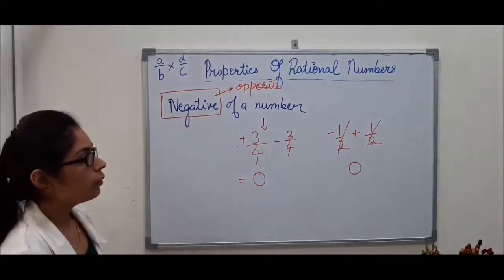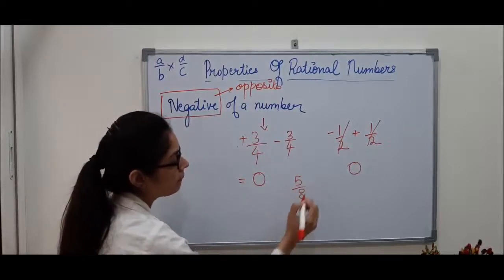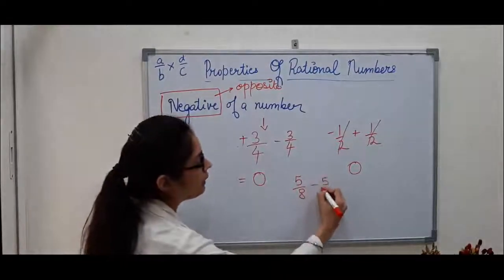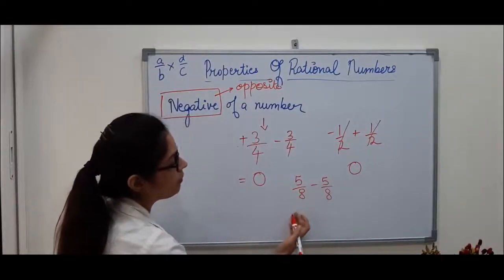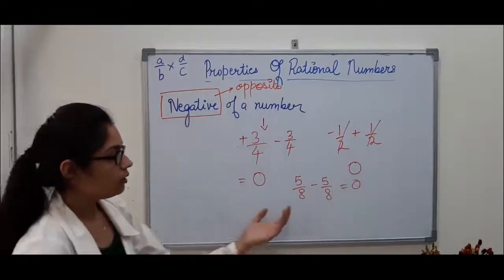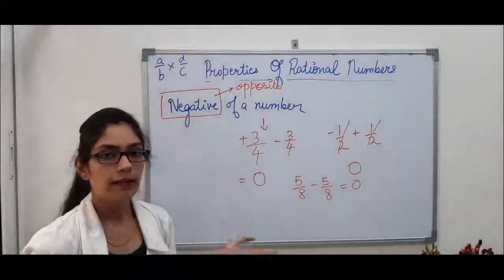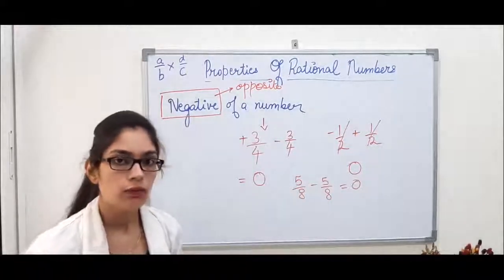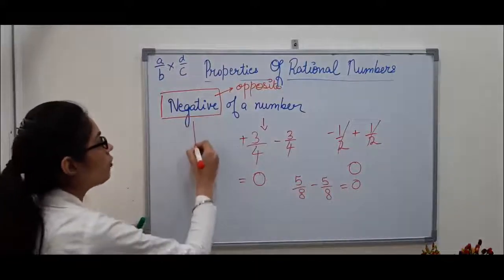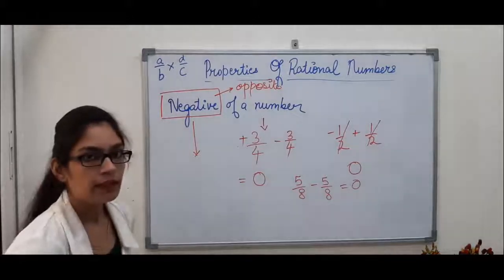You can take one more example, 5 by 8. The negative of 5 by 8 will be minus 5 by 8. So 5 by 8 minus 5 by 8 will be equal to 0. Whenever you take a given number and its negative and add those two numbers, you will get 0.